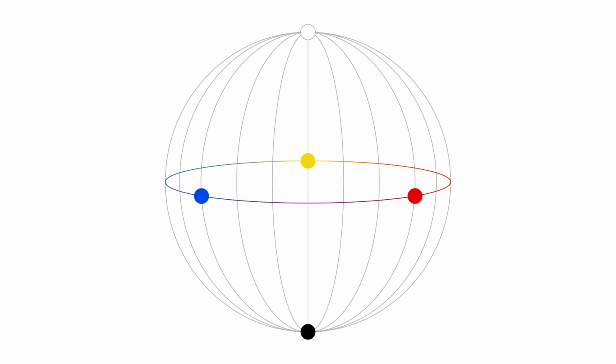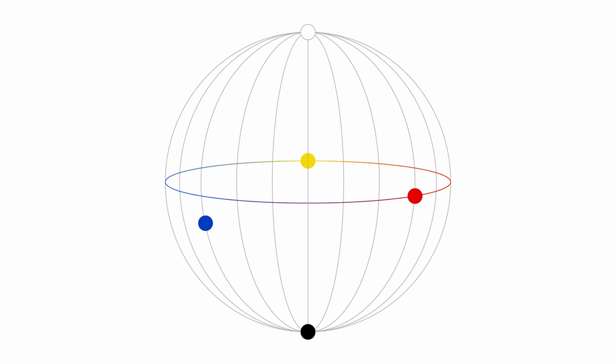And then at the North and South Pole we've got the tonal ranges. At the North Pole we've got pure white, and at the South Pole we've got pure black. And then our colours, if we move them longitudinally up and down the lines that go around our globe, will become lighter as they get towards the North Pole where it's white, or they will become darker as they move towards the South Pole where it's black.